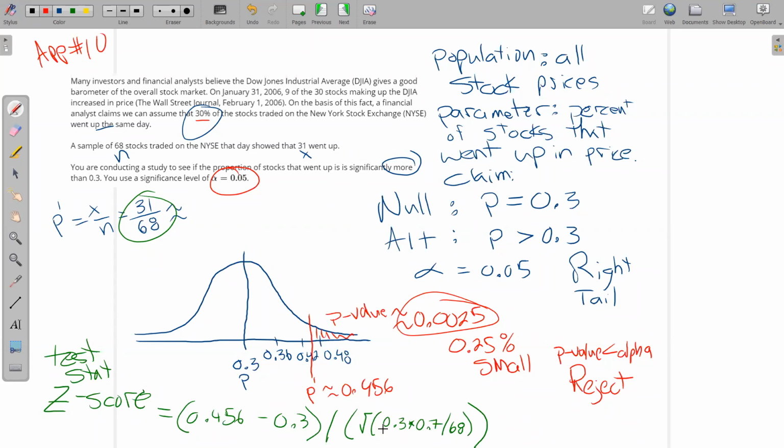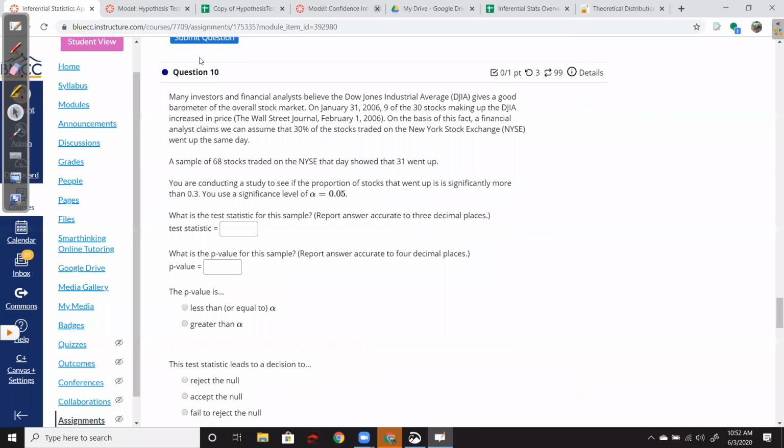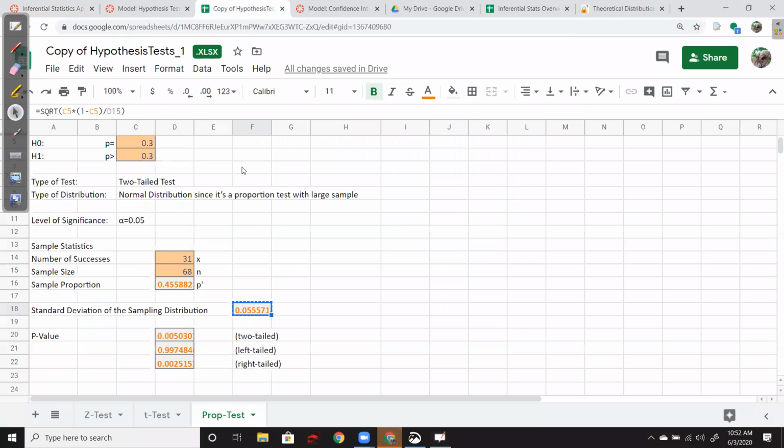Depending on your calculator, you might have a parentheses for the square root, but you also need a parentheses for the denominator, and you need a parentheses for the numerator. Let's see, did I have test statistics on here anywhere? We have the sample proportion, we have the standard deviation.